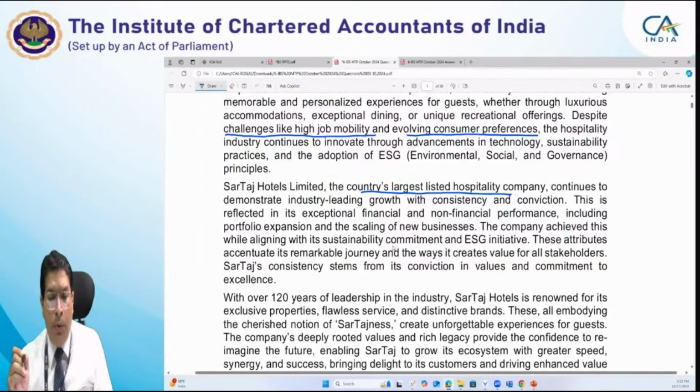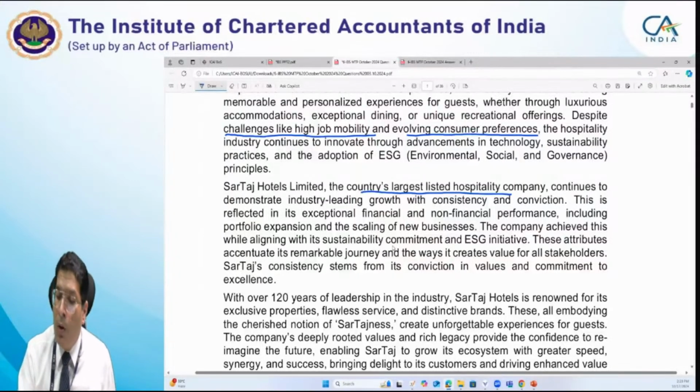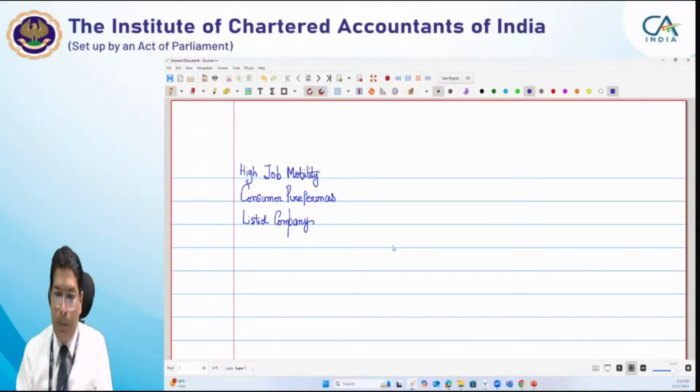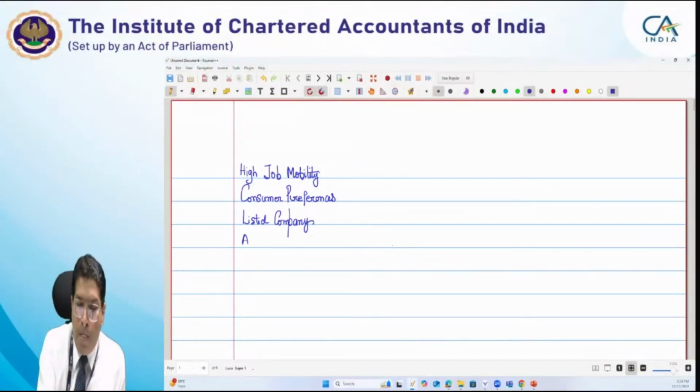These attributes accentuate its remarkable journey and the ways it creates value for all stakeholders. It means company consider all stakeholders.